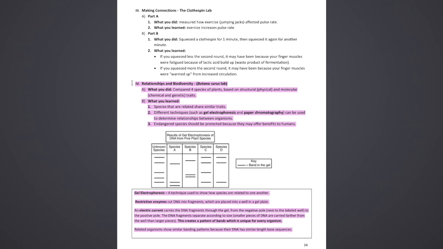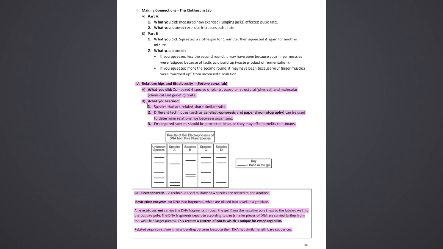Relationships and biodiversity. Botana Curis Lab. What you did. Compared 4 species of plants based on structural, physical, and molecular, chemical and genetic traits. What you learned. 1.